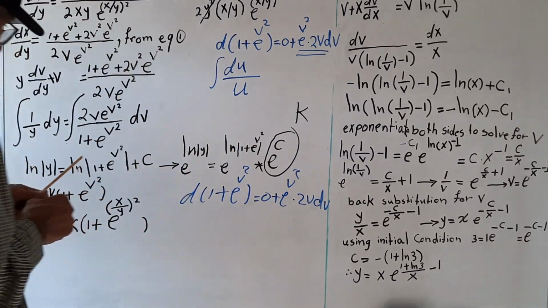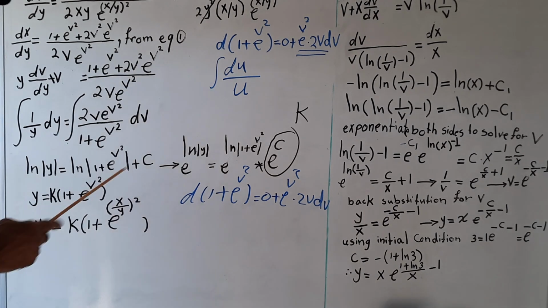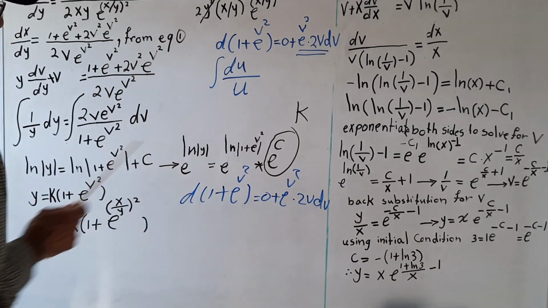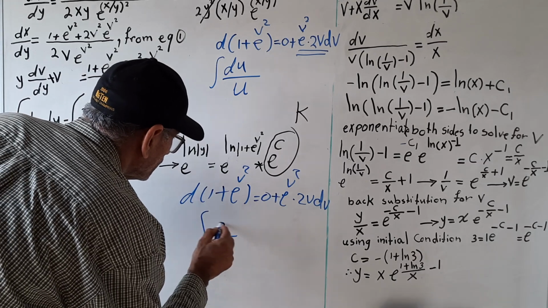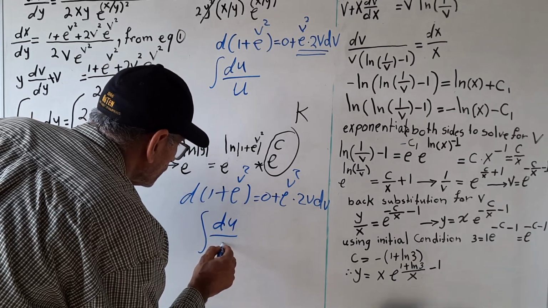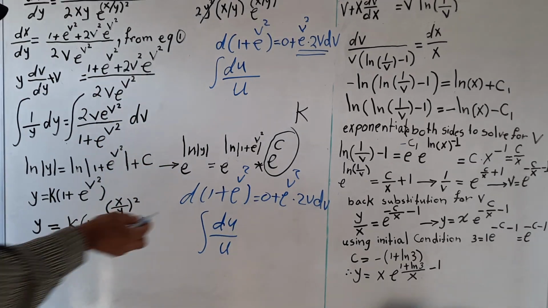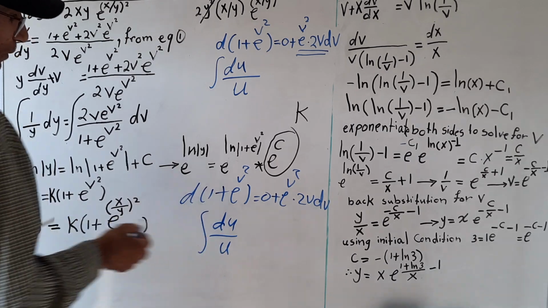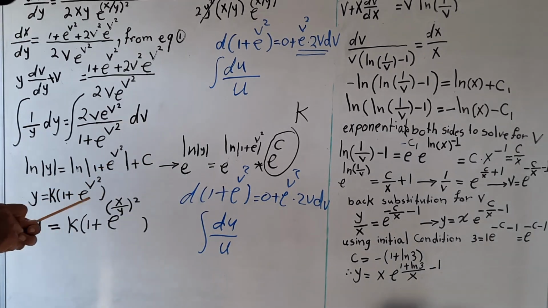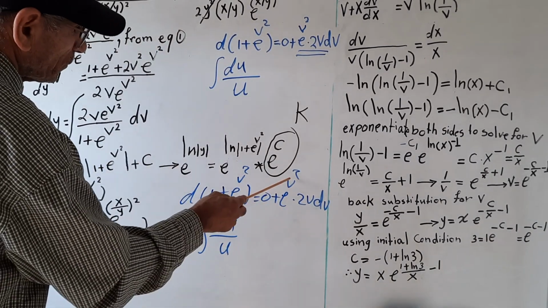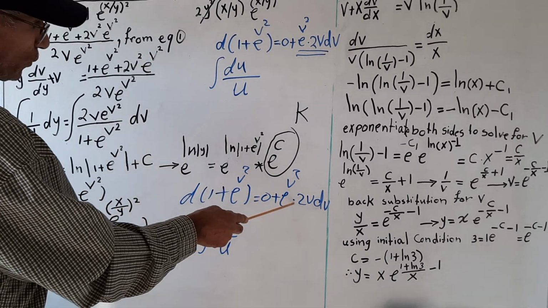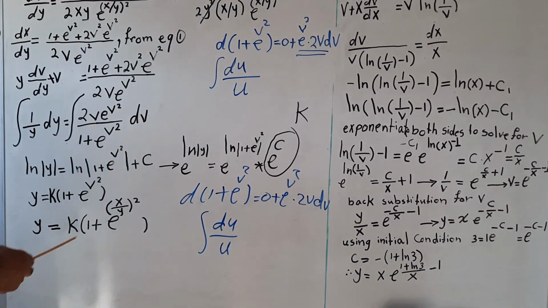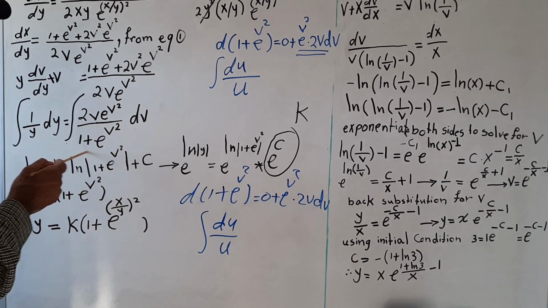To integrate this, we should have du, the derivative of u. And here we have it, e to the v squared and 2v dv. This is the derivative of this term.